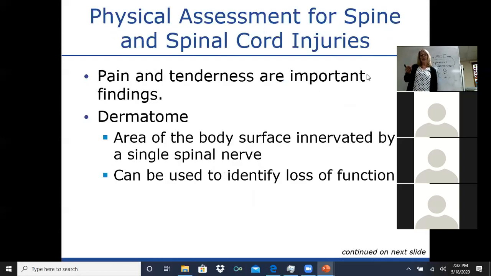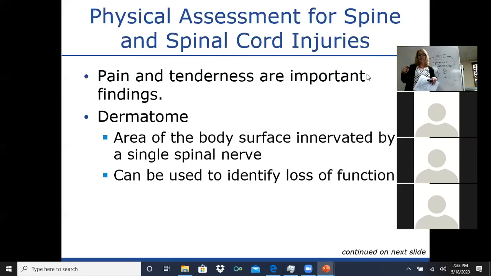As you assess, very rarely when you assess a spine will you ever feel a deformity. It's not very common to feel deformities in the spine. What is most common is you feel pain and tenderness. So if your patient says, oh, that hurts, or oh, that's tender, and you're palpating that cervical spine and going down the actual thoracic, lumbar, and sacral regions to the coccyx, if you're palpating those and they say it's tender, that is a clear indication to you that something's going on.